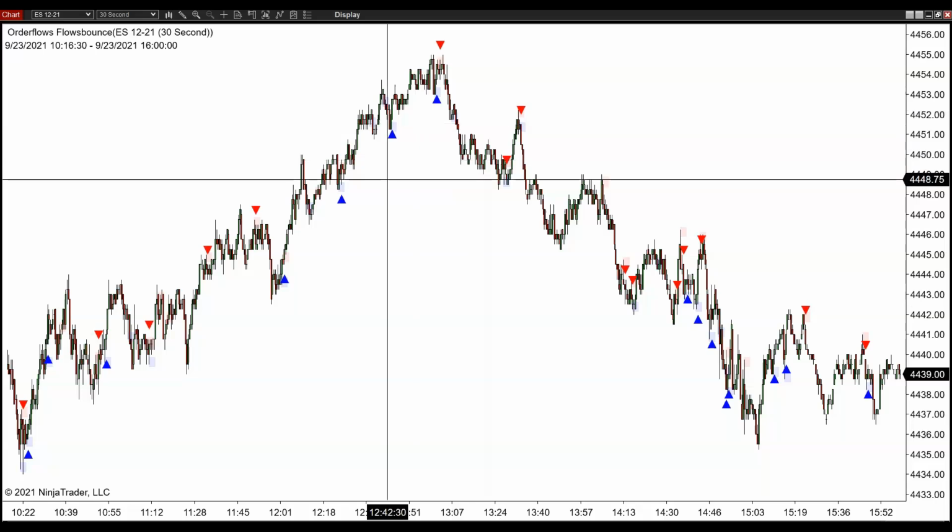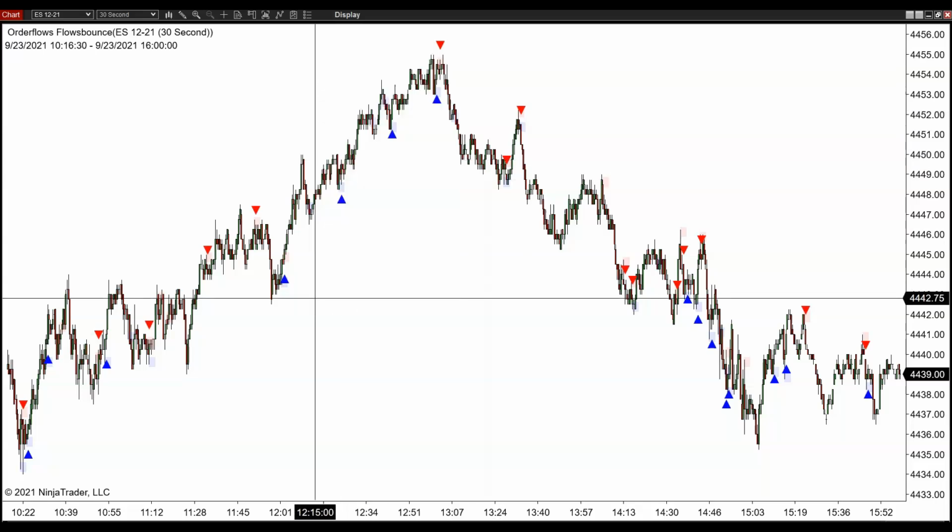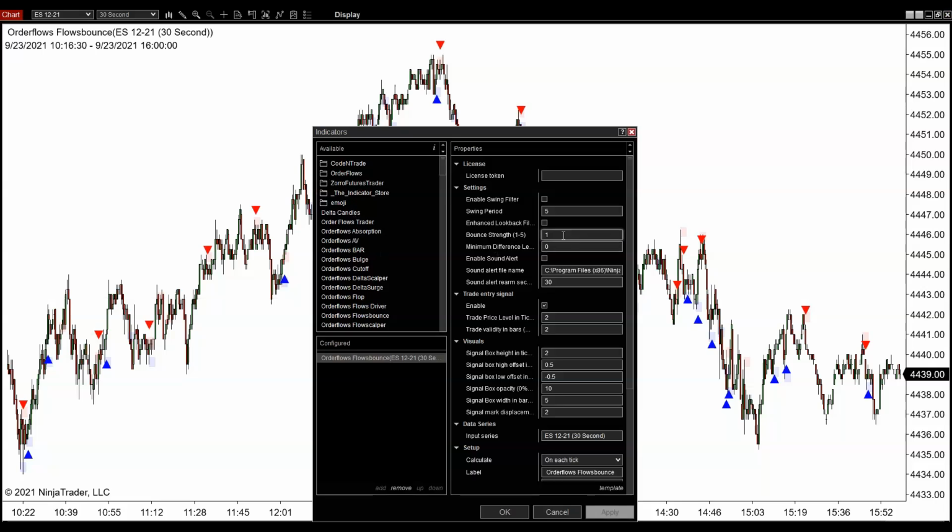Because in this case, the bounce strength is set at 1, which is as low as you can go, and it's not using the swing filter, the enhanced look back, or the minimum difference level.